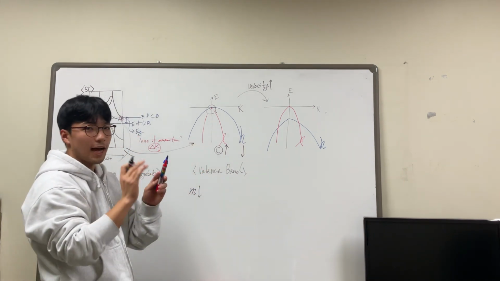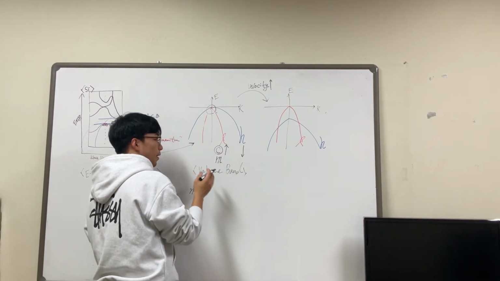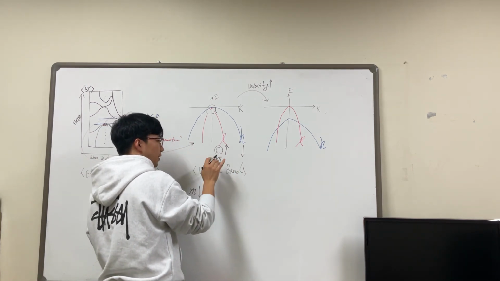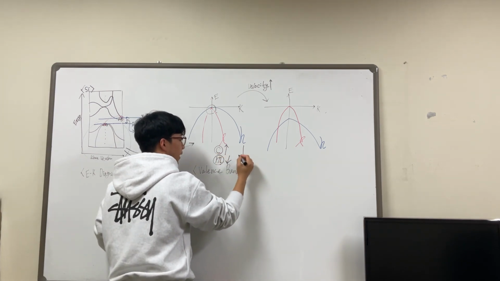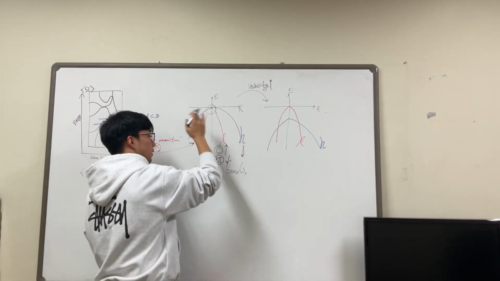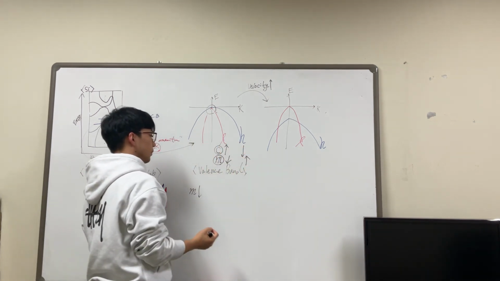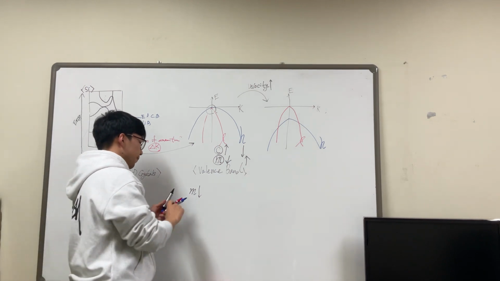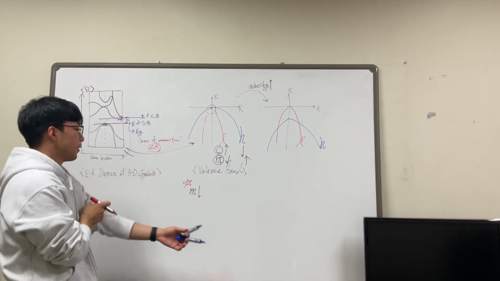If the curvature is higher, then the effective mass is smaller, and this H line's mass is higher. This is very important knowledge.